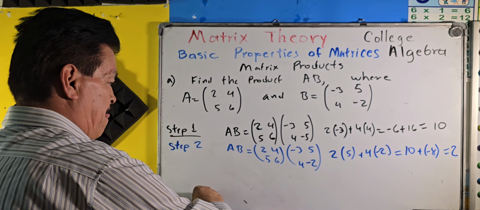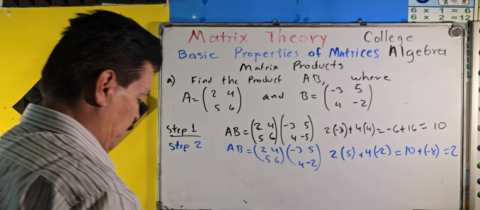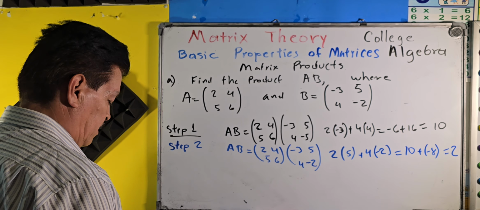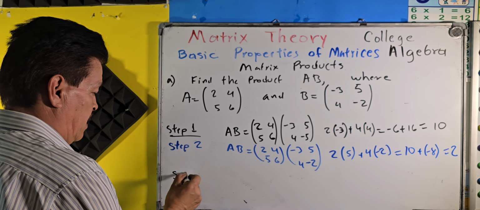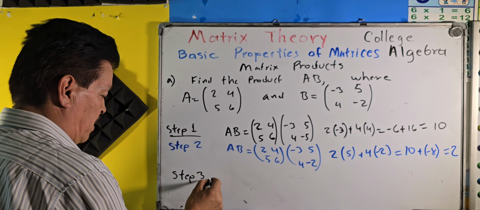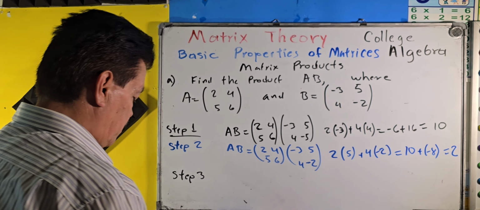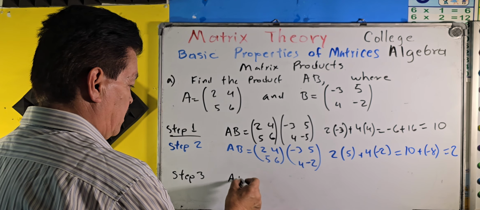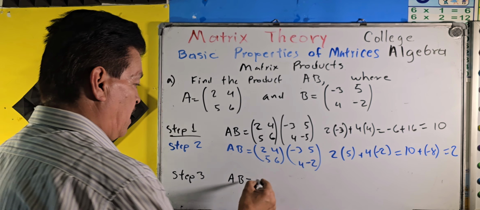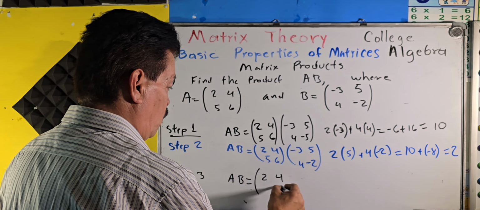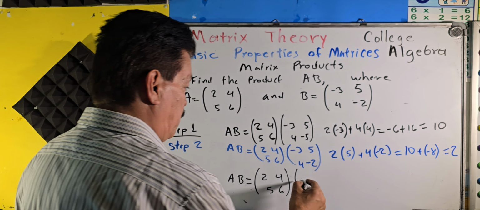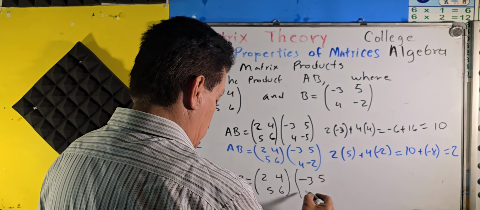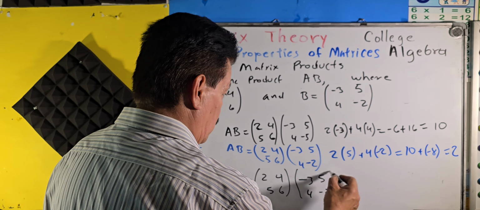Step 3. So AB, again 2, 4, 5, 6, and look at how I'm multiplying negative 3, 5, 4, and negative 2.